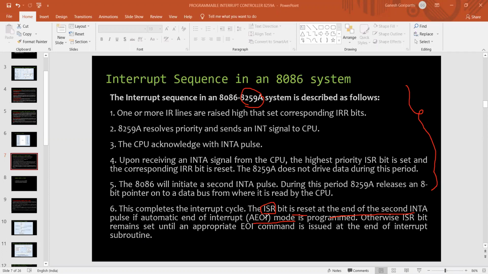Like how the toll gate is lifted immediately after paying the toll tax, similarly, what happens immediately after the interrupt is being served?